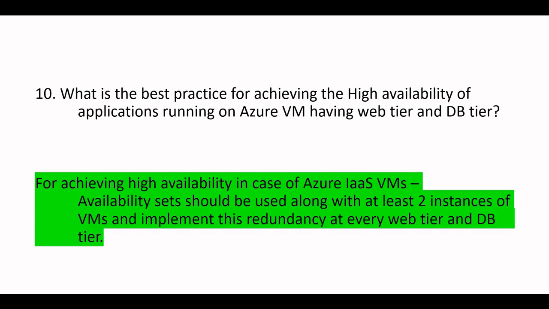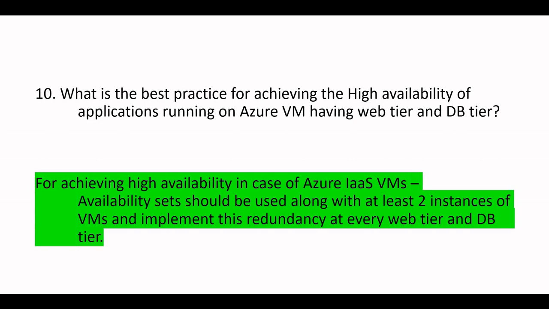This is the entire web tier, and there is redundancy in the web tier, and similarly there is a copy in the database tier as well, so that when your traffic comes, it will not depend on a single virtual machine in the web tier. Your entire system will be a highly redundant system.